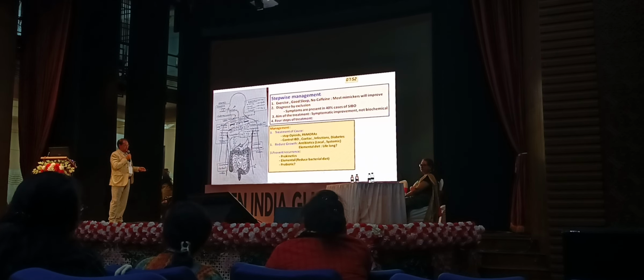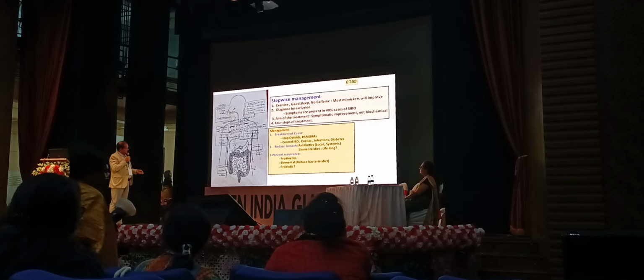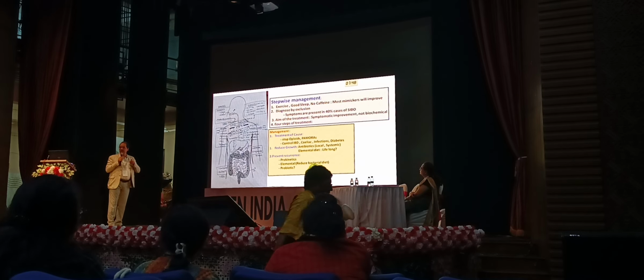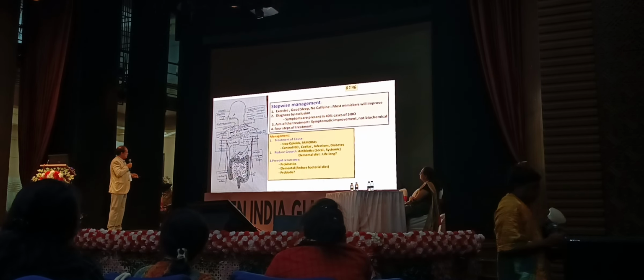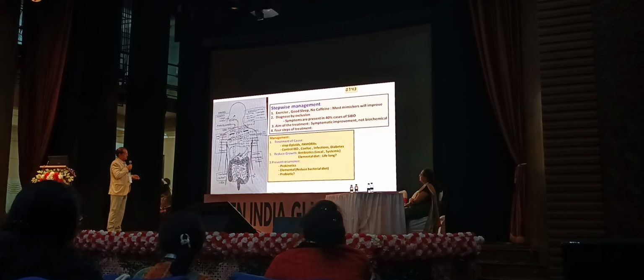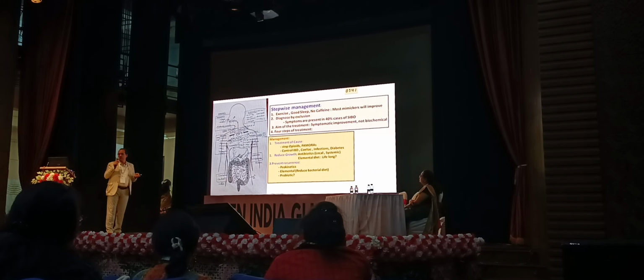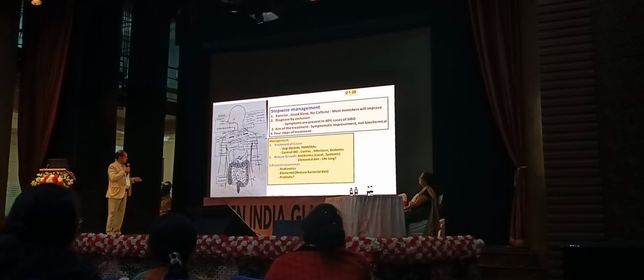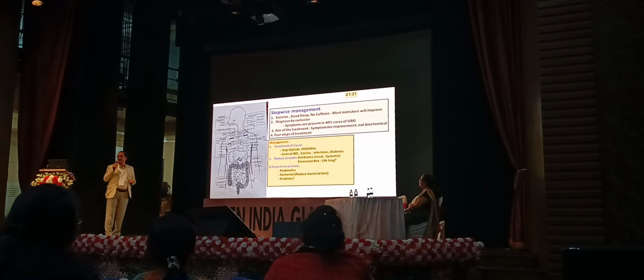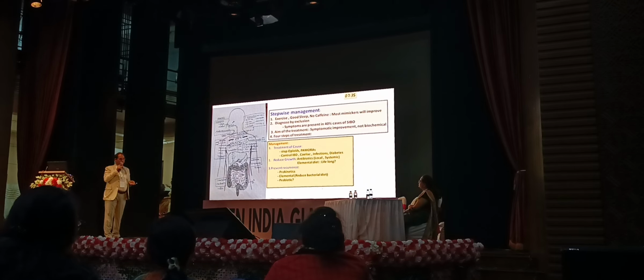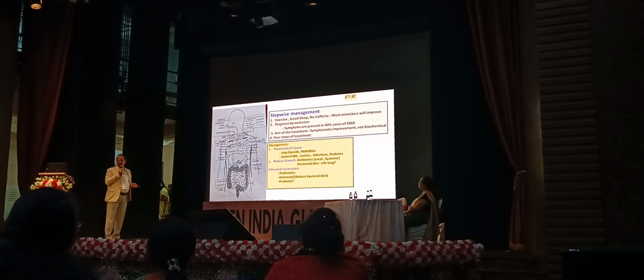Suppose there is some obstruction here, or there is a motility disorder in which the bowel movements are slow, or we do certain operations in which we have to shorten the bowel, what we call short bowel syndrome, or what we call blind loop syndrome.